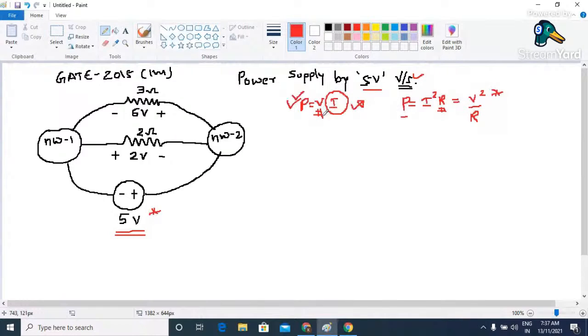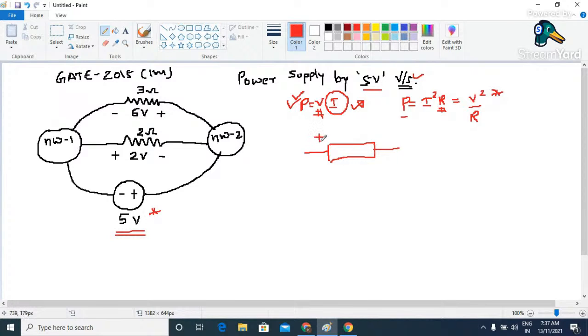Now, how to calculate the value of current which is supplied by this voltage source? See here. First of all, we are going to calculate the value of current flowing through resistor R3 and the value of current flowing through resistor R2. Because both the elements are passive, and I told you that in case of a passive element, current always enters through the positive terminal.